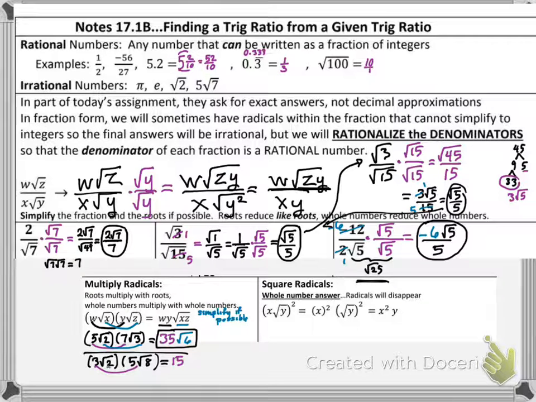I'm going to say 2 times 8, 16. Can't do anything with the 15, but I do know the square root of 16 is 4. And this is going to turn into 60. So sometimes you can start with an irrational expression times another irrational expression and still turn out to be a nice whole number, a nice rational number.